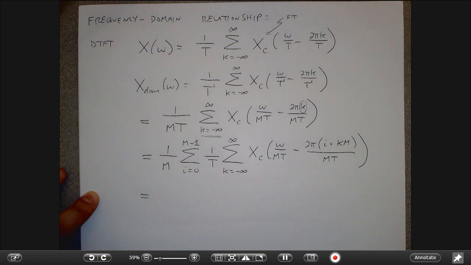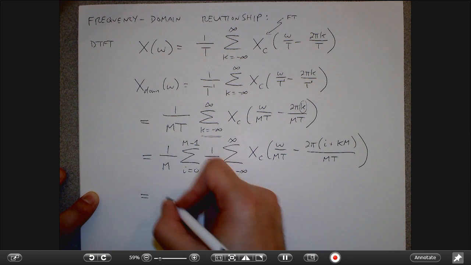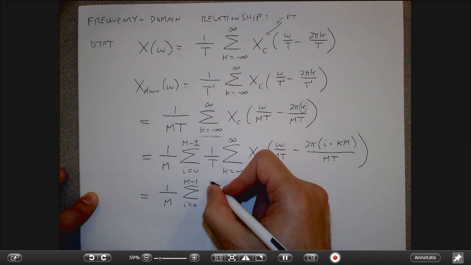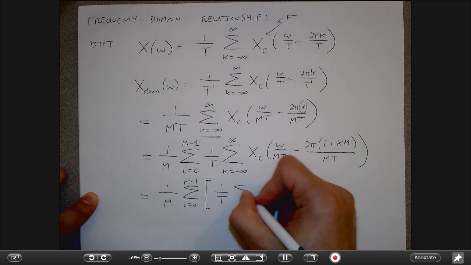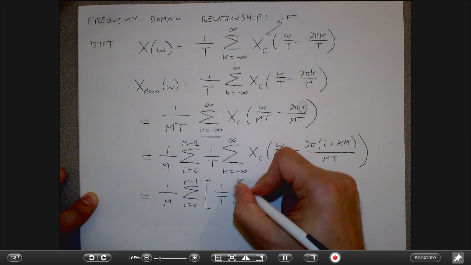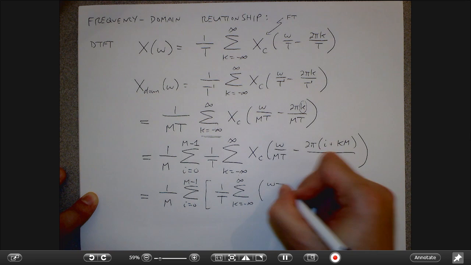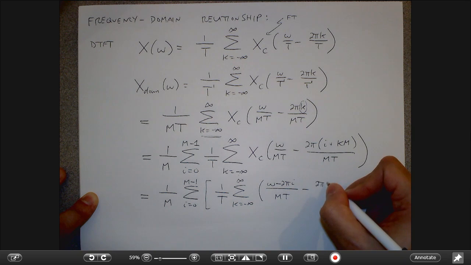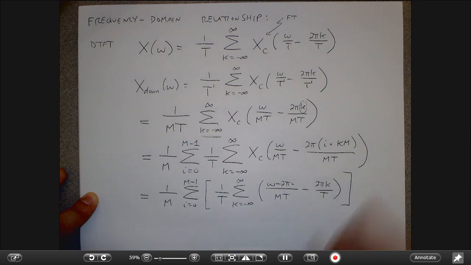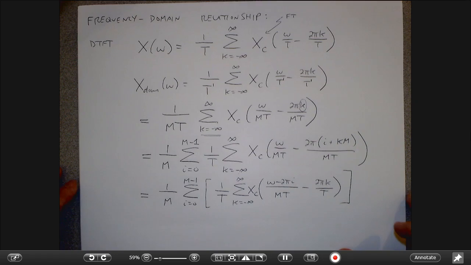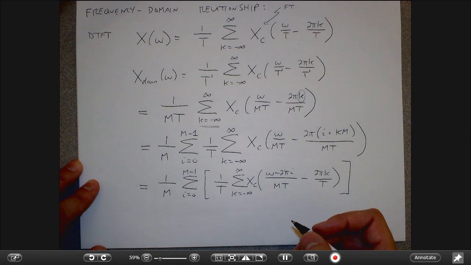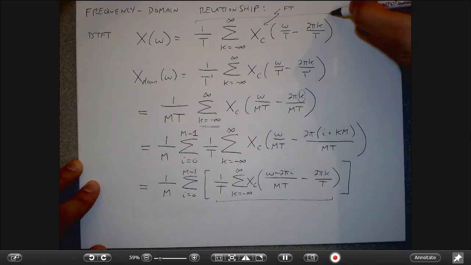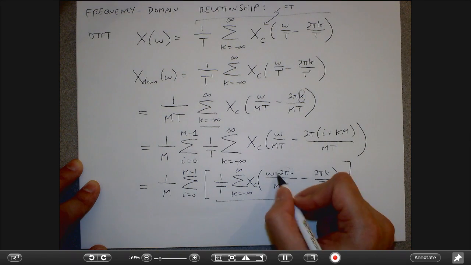Now I can write this in a slightly different way. I've got this 1 over T, this sum, and I'm going to move this guy over here. This thing here looks exactly like this thing over here, except I'm plugging in a shifted value of the input.